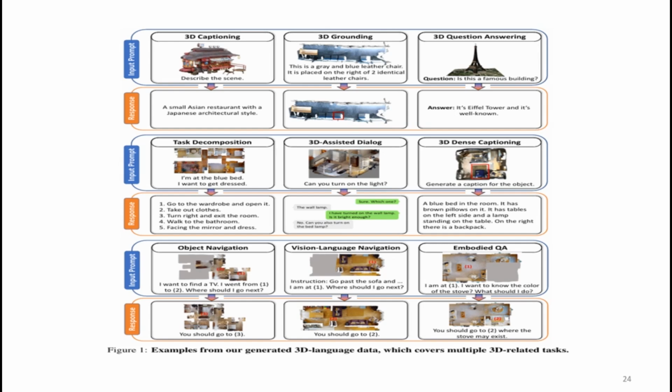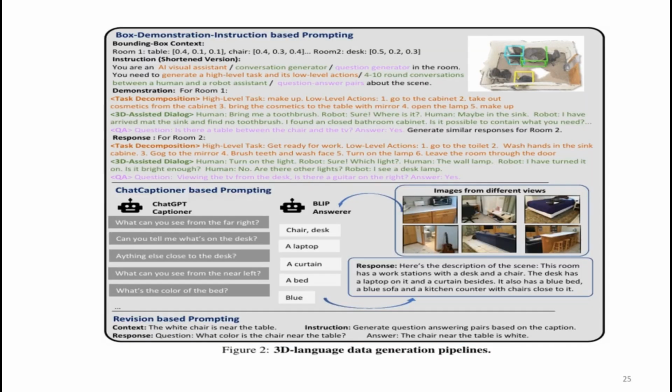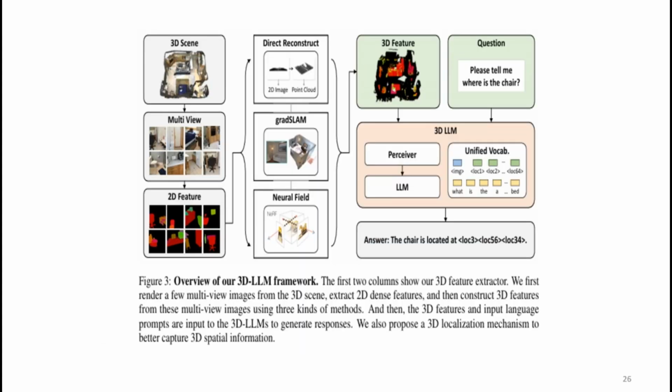So enabling the model to handle tasks requiring spatial reasoning and interact with the 3D world. 3D-LLMs leverage a combination of 3D feature extraction from rendered multi-view images and 2D VLMs as backbones to process these 3D features. The model employs a 3D localization mechanism allowing it to better capture spatial information.